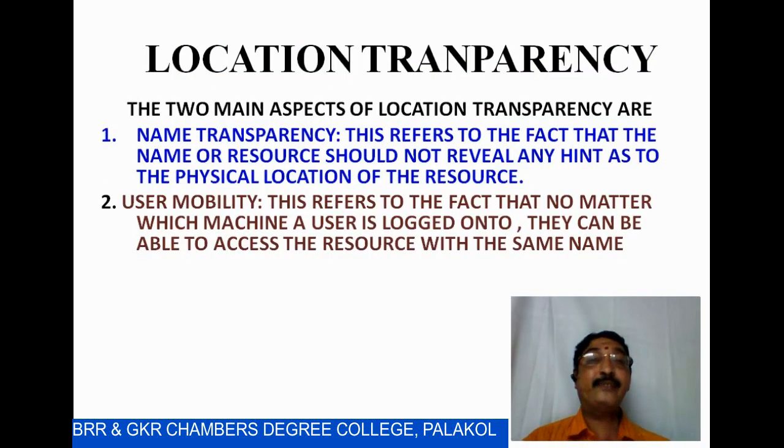And the next one is location transparency. This location transparency has two main aspects: name transparency and user mobility.